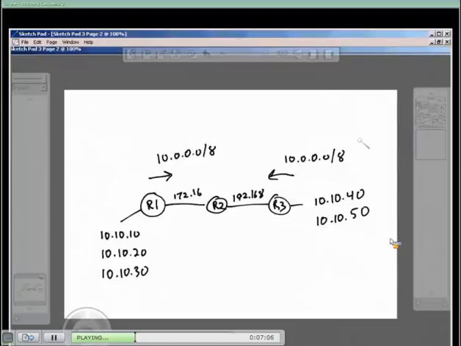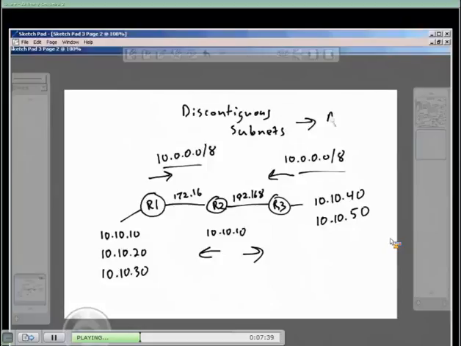Look at the R2 device. It's going to be really confused. If it gets a packet destined for 10.10.10, it's going to want to send it that way and that way based on these automatically summarized prefixes that it has received. This is the problem called discontiguous subnets.